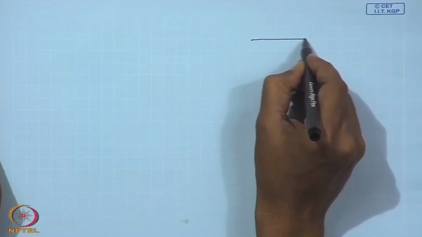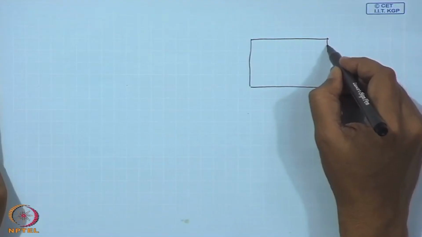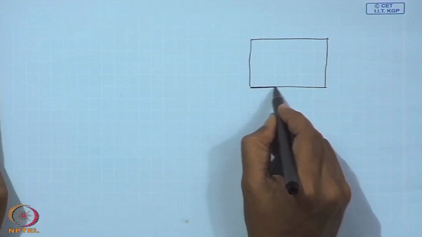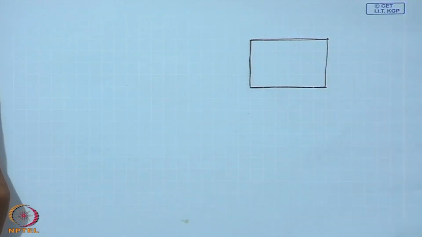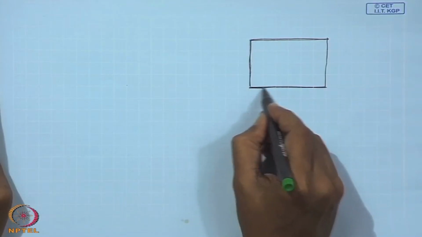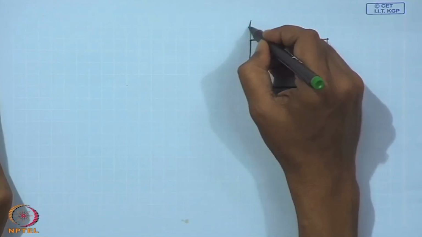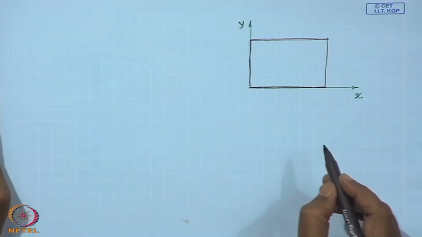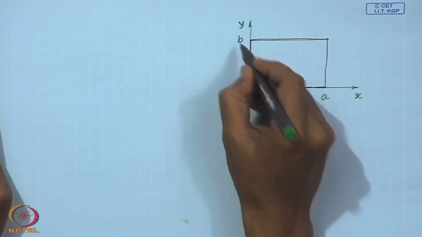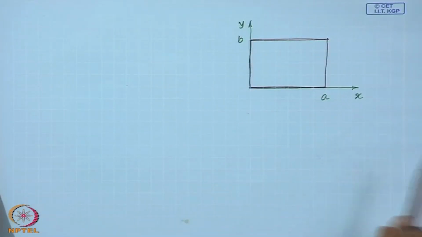So, let us consider this plate. In the x direction the length is a and here it is b again.